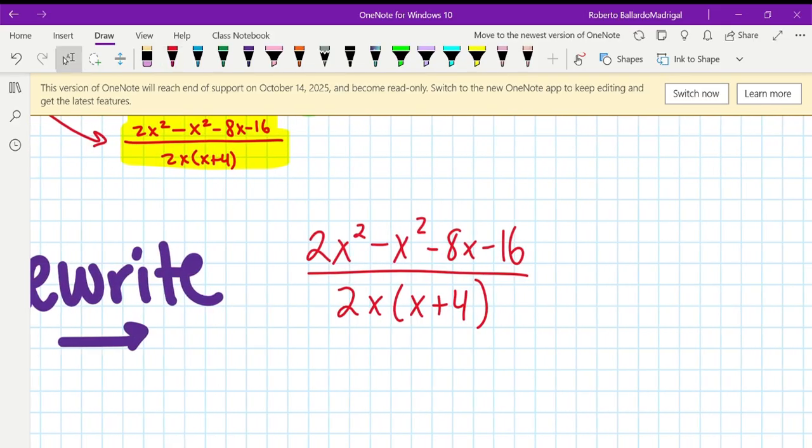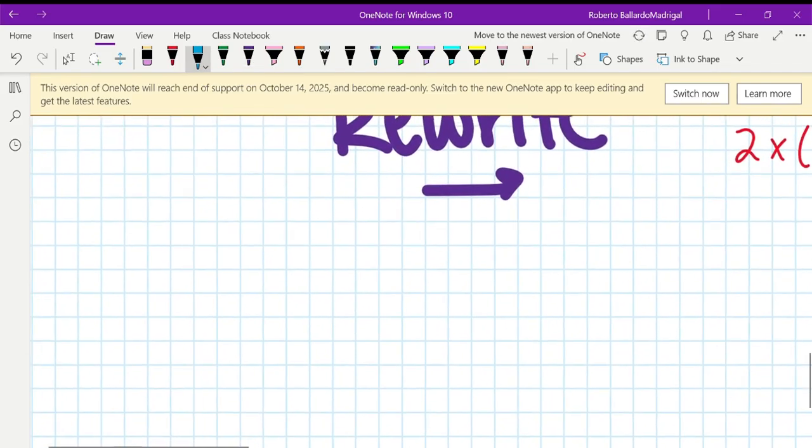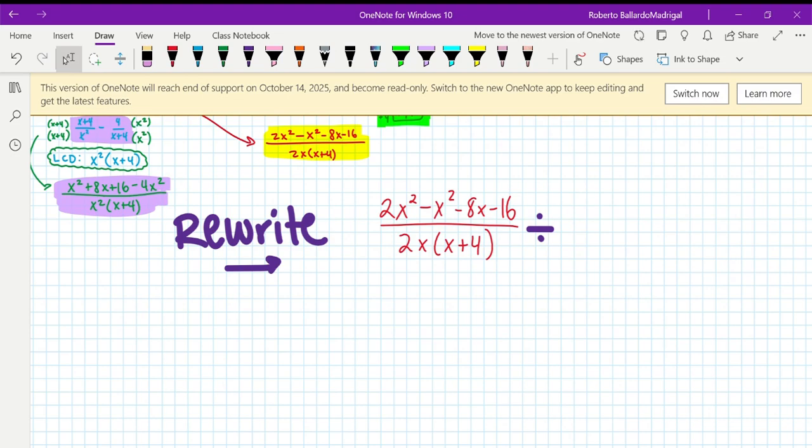Divided by this fraction here, which was x squared plus 8x plus 16 minus 4x squared over x squared and x plus 4.